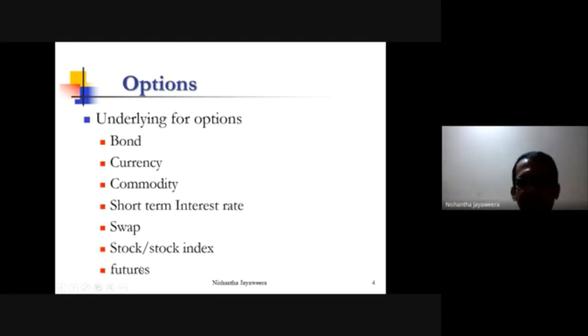Not only options, there can be other derivatives where the underlying is another derivative. That is possible in options, and it's a very common thing. There can be options on futures. What does it mean? If someone buys an option contract, that may give the buyer a right to buy a futures contract or to sell a futures contract.